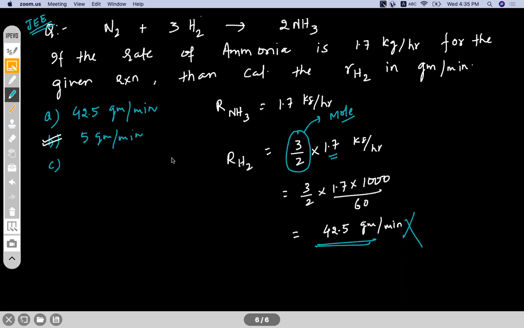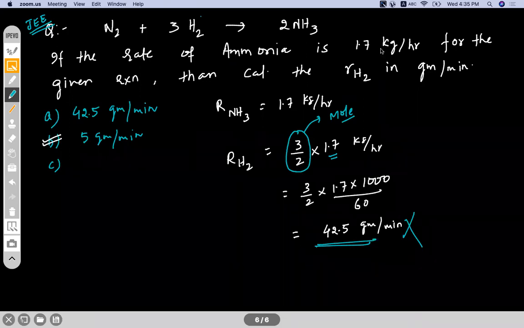So what you need to do, you need to convert this kg per hour into mole per minute, right? So you can keep this in mind that rate of reaction or rate of any individual species, you must have to take in mole per time. Time unit can be anything, hour, minute, second, depending upon what data is given in the question, right?